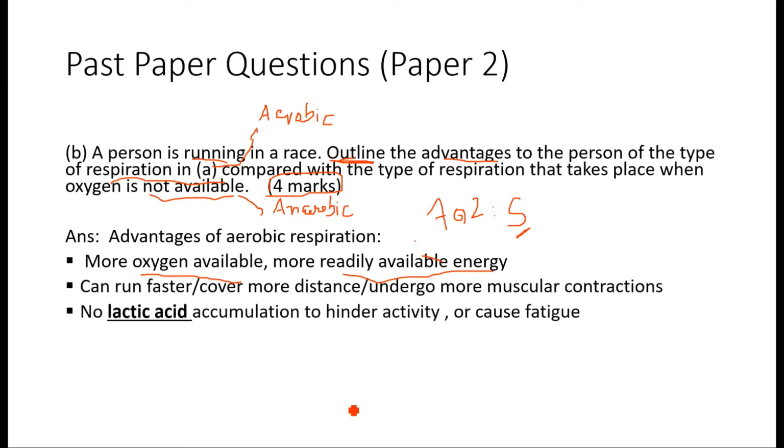And there is, very importantly, no lactic acid accumulation that is associated with anaerobic respiration. So there will be no hindering of activity because there is no pain, no fatigue. And lastly, there is no oxygen debt to be repaid later. Remember that oxygen debt refers to the oxygen that is required to oxidize the lactic acid, which is a toxic material present within the muscle cells.